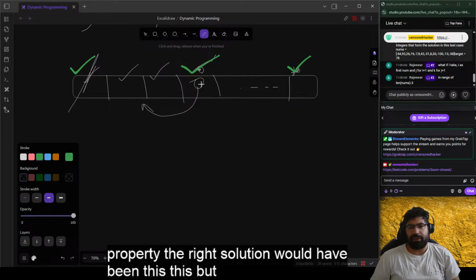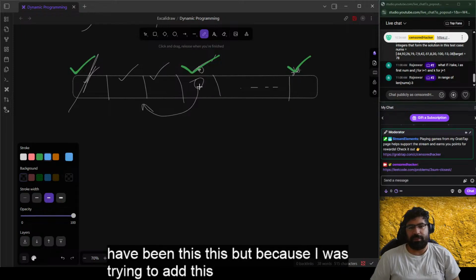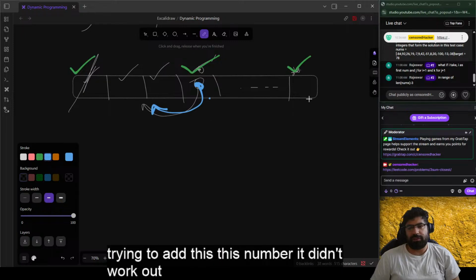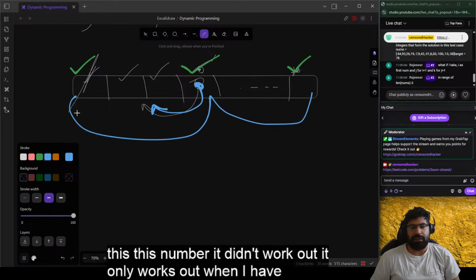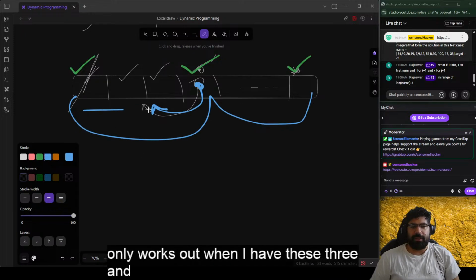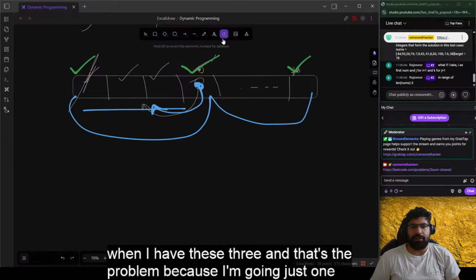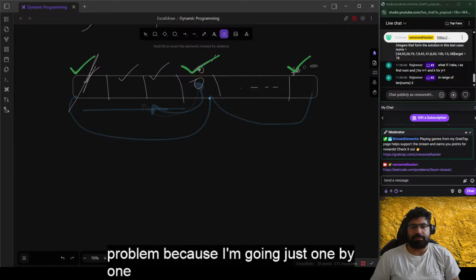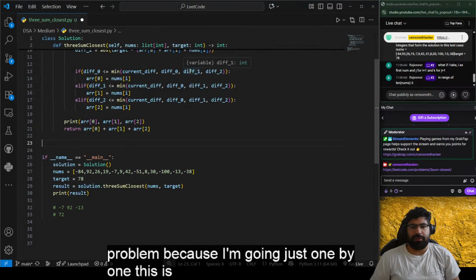But because I was trying to add this number, it didn't work out. It only works out when I have these three. And that's the problem, because I'm going just one by one. This is a good problem.